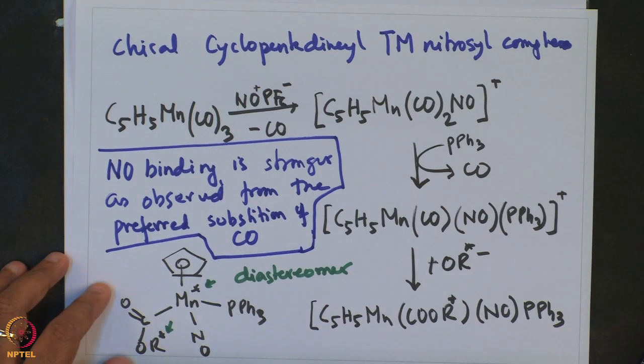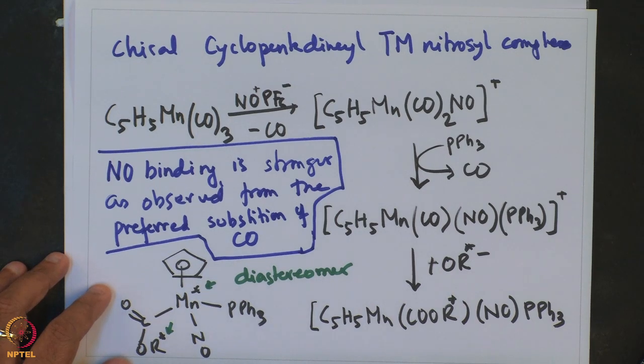So, with this we will close our discussion on transition metal nitrosyl complexes and then move on to transition metal cyclopentadienyl hydride complexes.